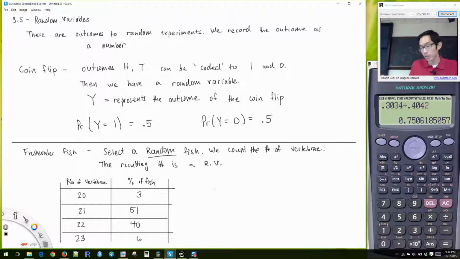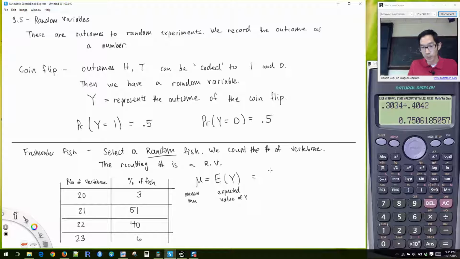That is going to be called the mean, which is represented by this letter mu, also known as the expected value of y.